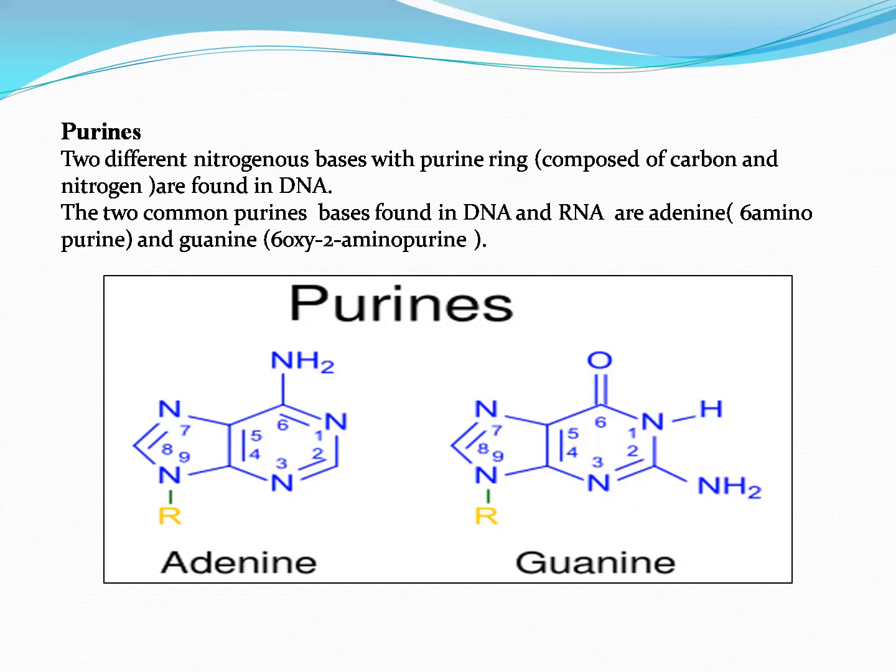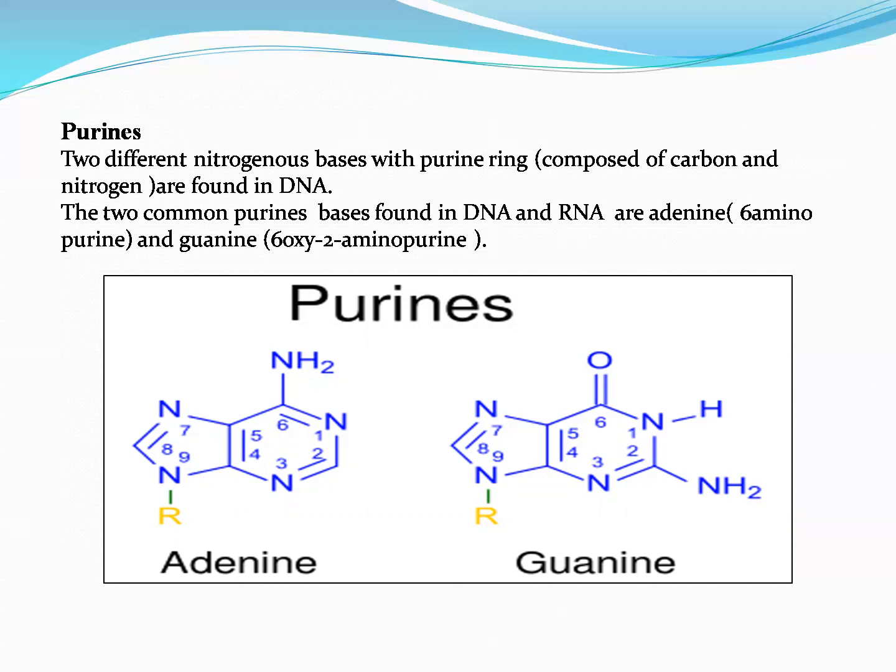Start from here. We are starting counting from here: 1, 2, 3, 4, 5, 6, and here in the sixth position is the attachment of the amino group. That's why we are calling it 6-amino purine. Okay, and except this amino group, we can call it the purine ring. That is the purine structure. And here it is the guanine structure.